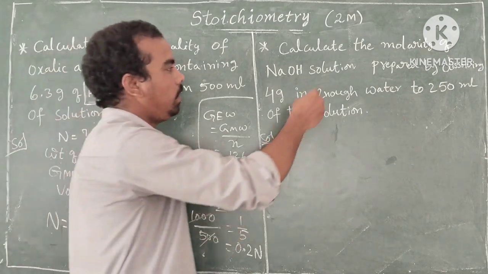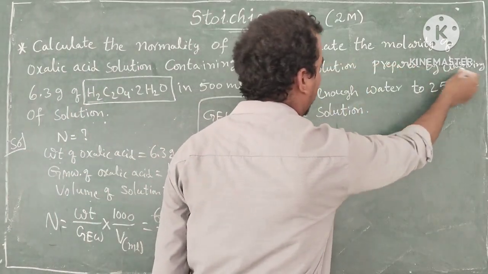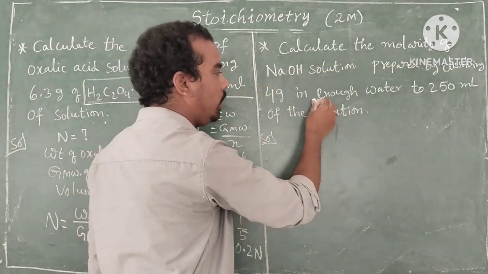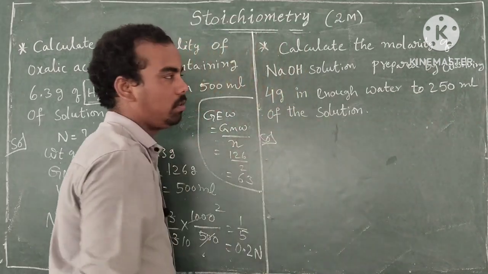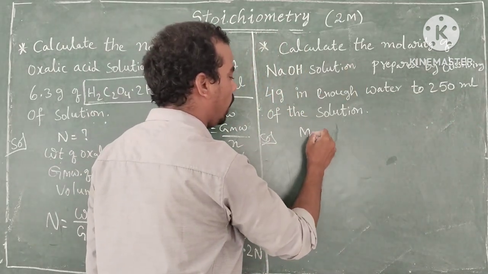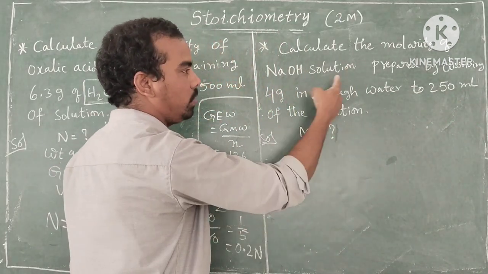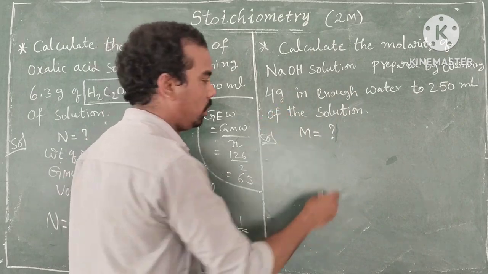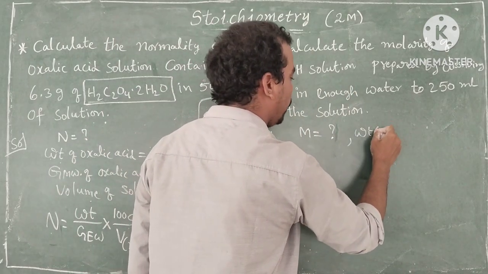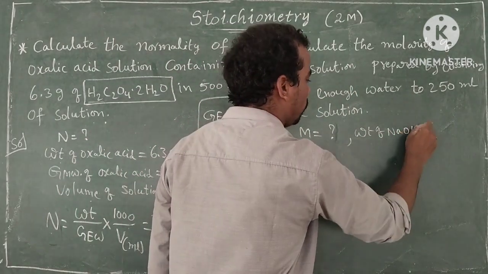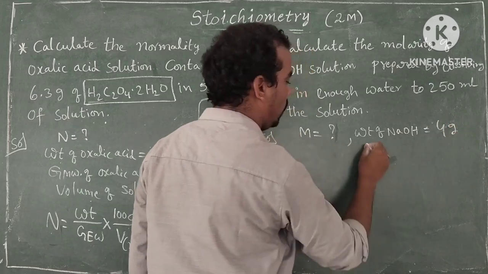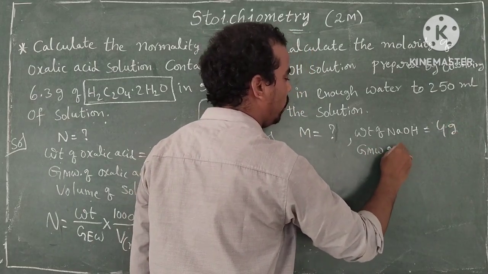Okay, next. Calculate the molarity of a NaOH solution prepared by dissolving 4 grams in enough water to make 250 ml of solution. So calculate molarity M. The weight of NaOH is 4 grams. What is the gram molecular weight of NaOH?